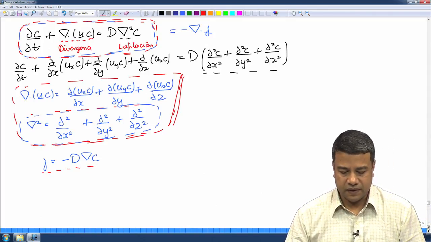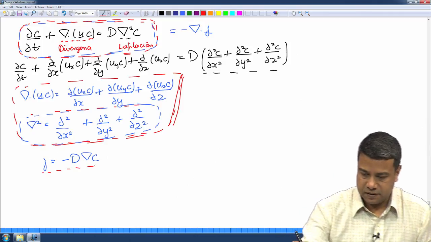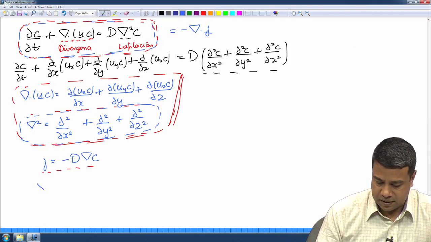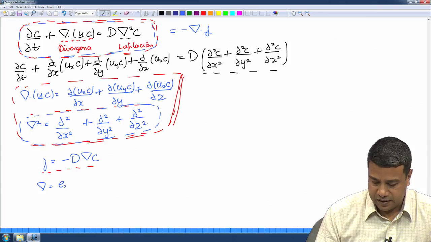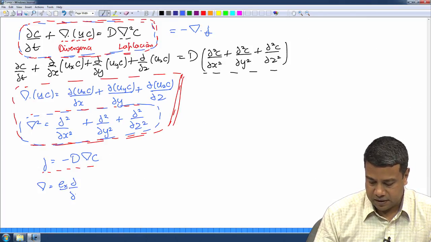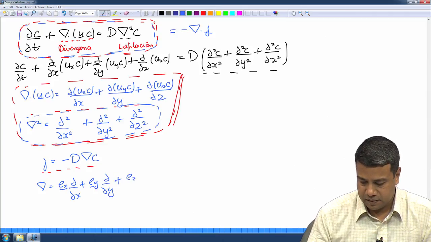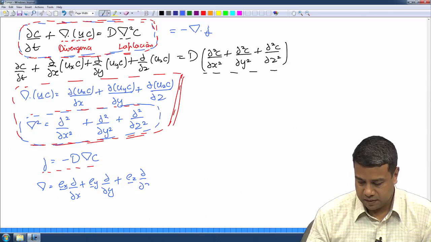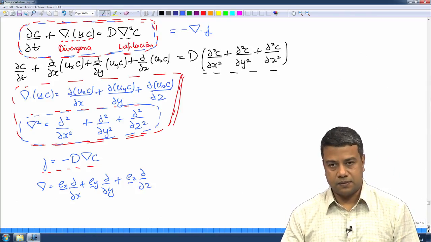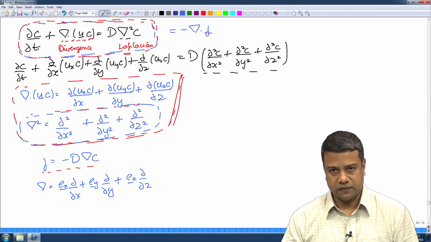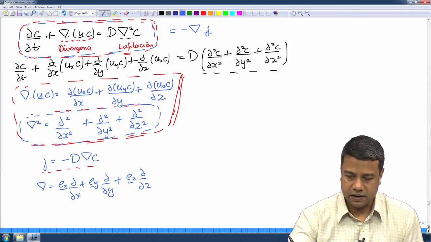The gradient is a vector operator, written as e_x d/dx plus e_y d/dy plus e_z d/dz, where e_x, e_y and e_z are the unit vectors in the three coordinate directions.